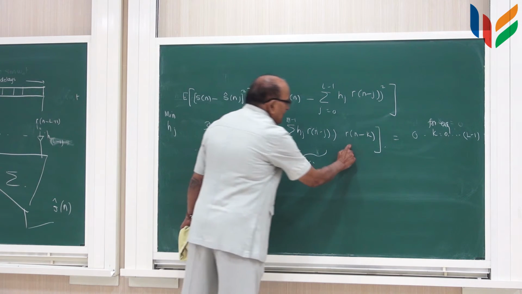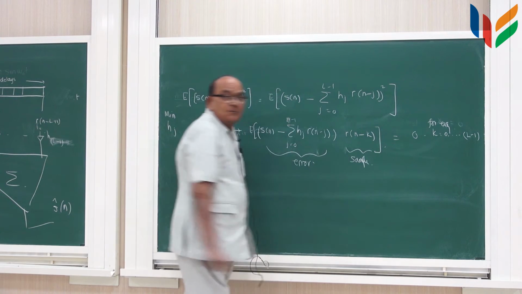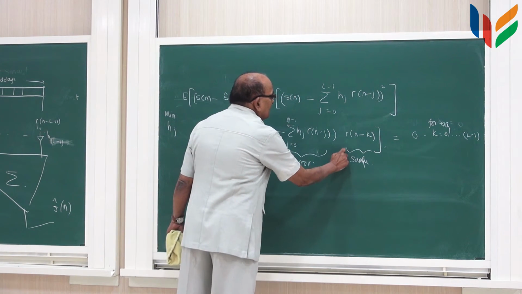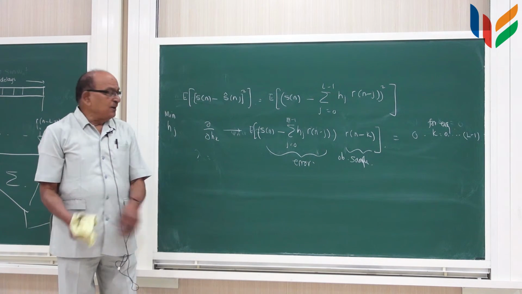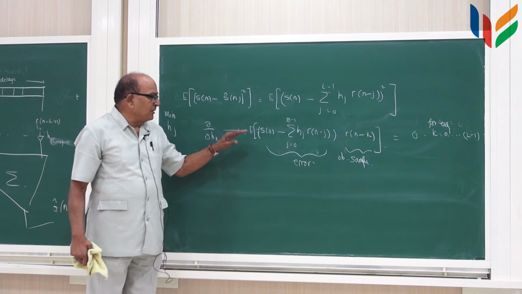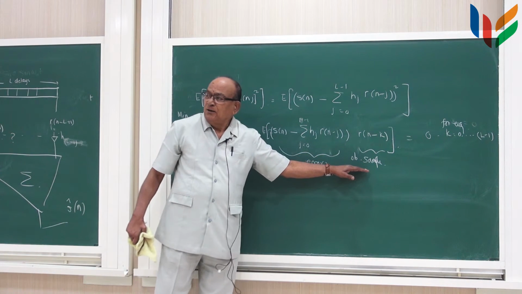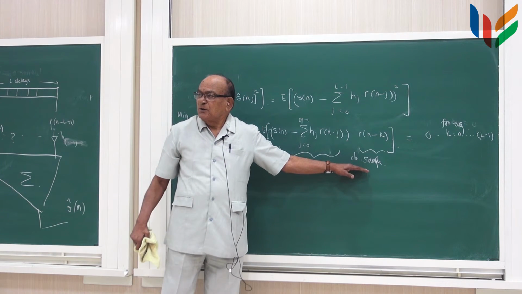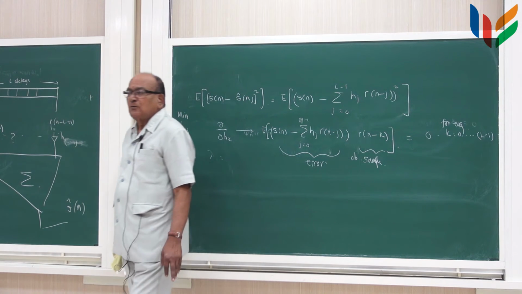And this is a sample of observation, and our requirement is that the expected value of error multiplied by any observation sample must be equal to 0.